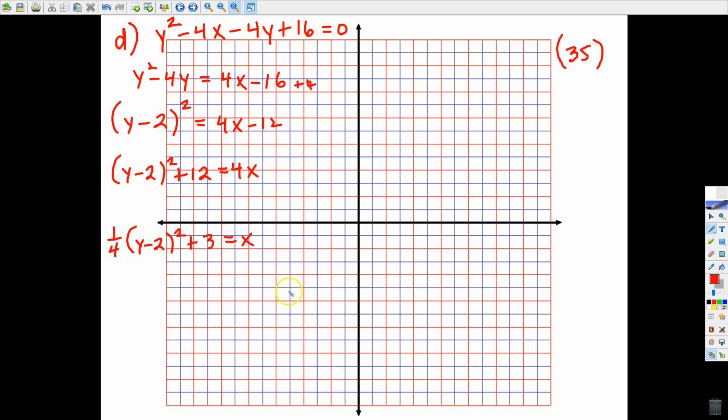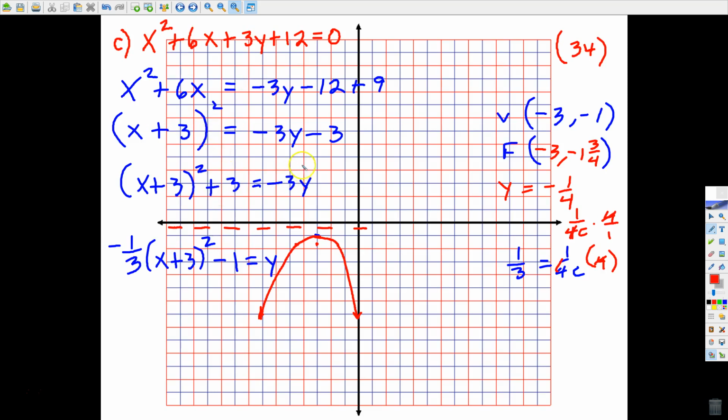Now this one, when it comes to vertex form, you have to be careful. It's a little tricky when the quadratic equation is solved for x. Just keep in mind that in the parentheses we have y coupled with 2. So this is a clue for you. Typically, vertex form that we've looked at in the past is solved for y. I get my x coordinate from the parentheses, thinking opposite, and my y coordinate is this other number.